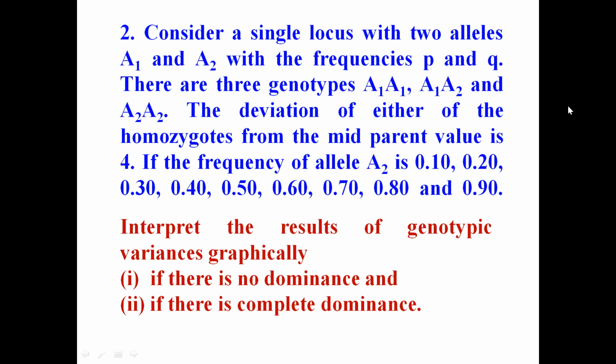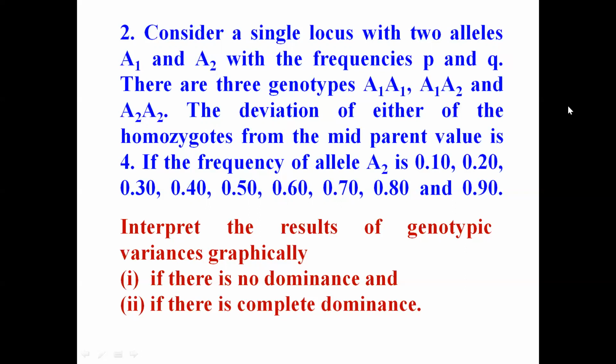Next, take another question. Consider a single locus with two alleles, A1 and A2, with the frequencies p and q. There are three genotypes, A1A1, A1A2, and A2A2. The deviation of either of the homozygotes from the mid-parent value is 4.